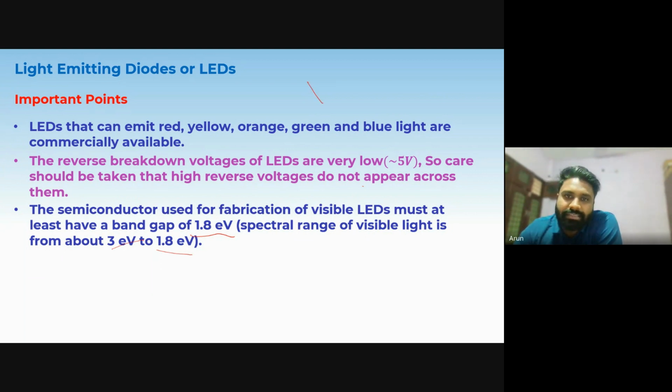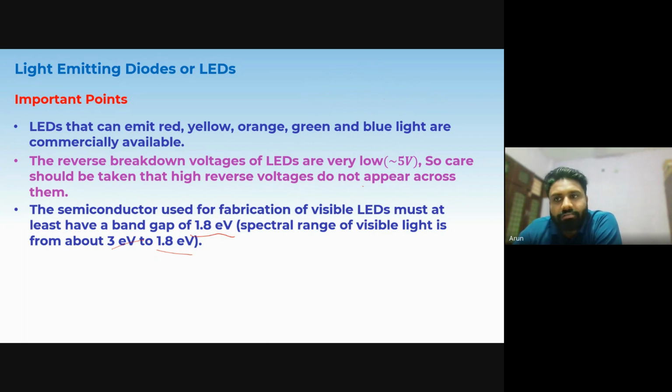In the energy spectrum we have a certain region from 3800 angstrom to 7000 angstrom. In this region we are only able to see the colors, so this is known as the visible region of the light energy spectrum. So the energy of the visible spectrum is 3 electron volt to 1.8 electron volt.